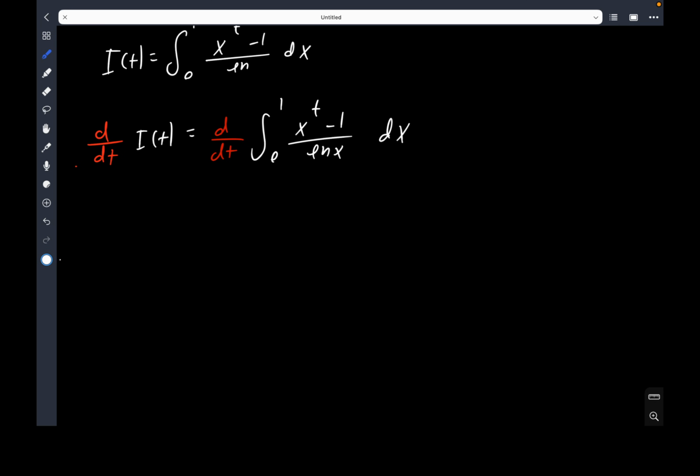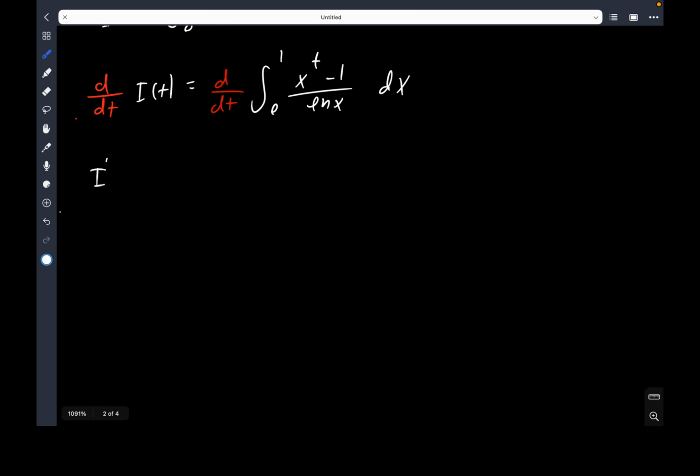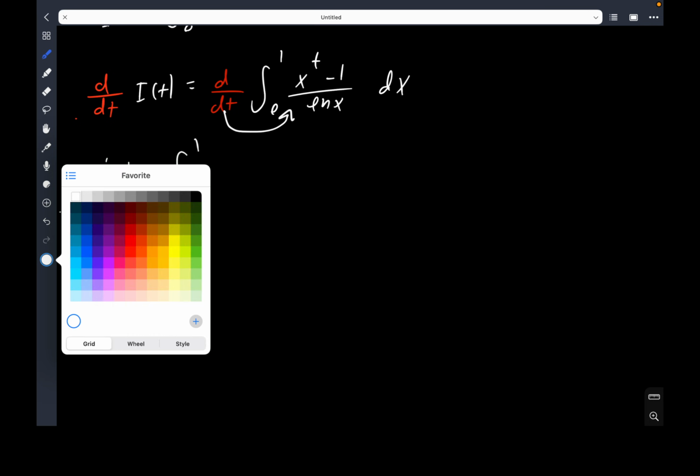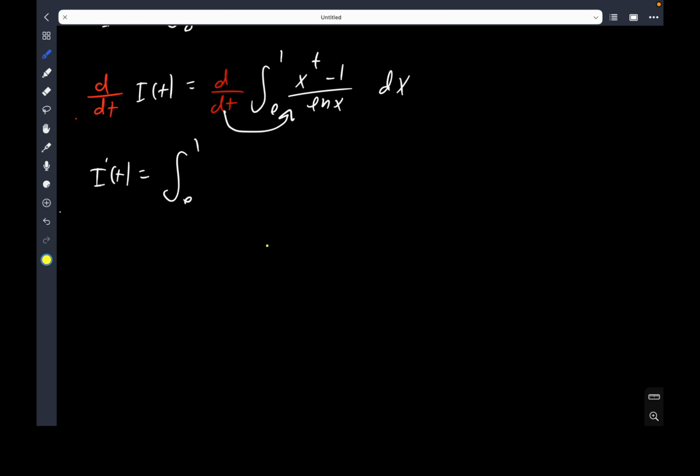Now, according to the Leibniz integration rule, I can move this derivative inside the integral on the condition that I make it a partial derivative instead. Thus, it's going to be partial t of (x^t minus 1) over ln x dx.